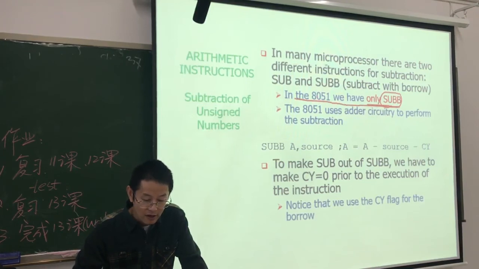In many microprocessors, there are two different instructions for subtraction, SUB and SUBB. But in the 8051, we only use SUBB. The 8051 uses the adder circuit to perform the subtraction.